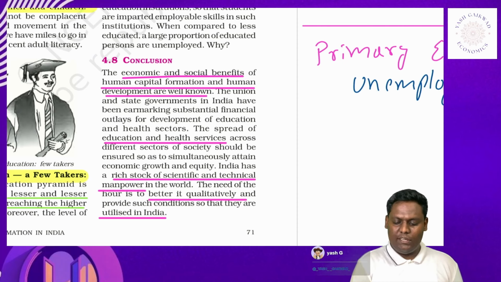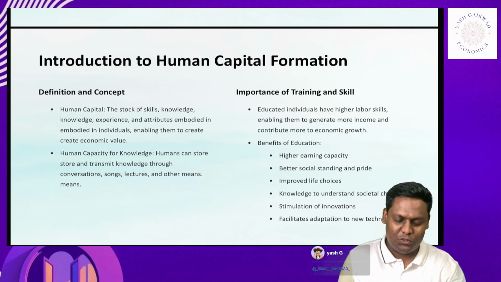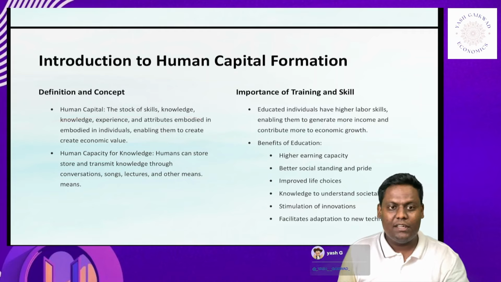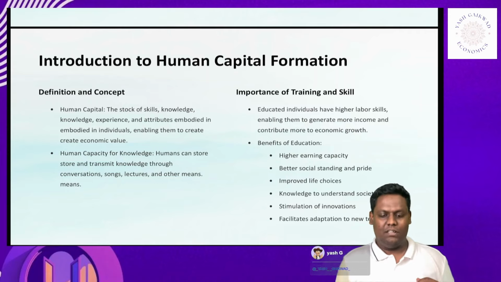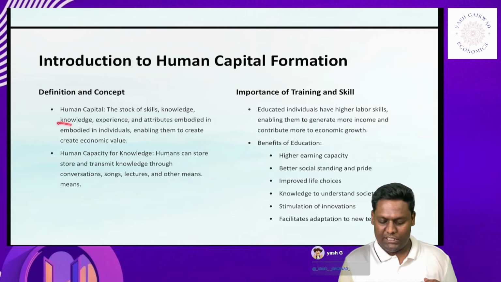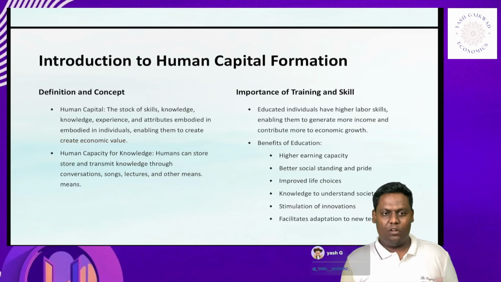So let us have a quick recap of what we have learned so far. Number one, we have learned that human capital formation is an intangible process which requires updating of skills, knowledge, experience, and various attributes that an individual embodies in order to create value in an economy.